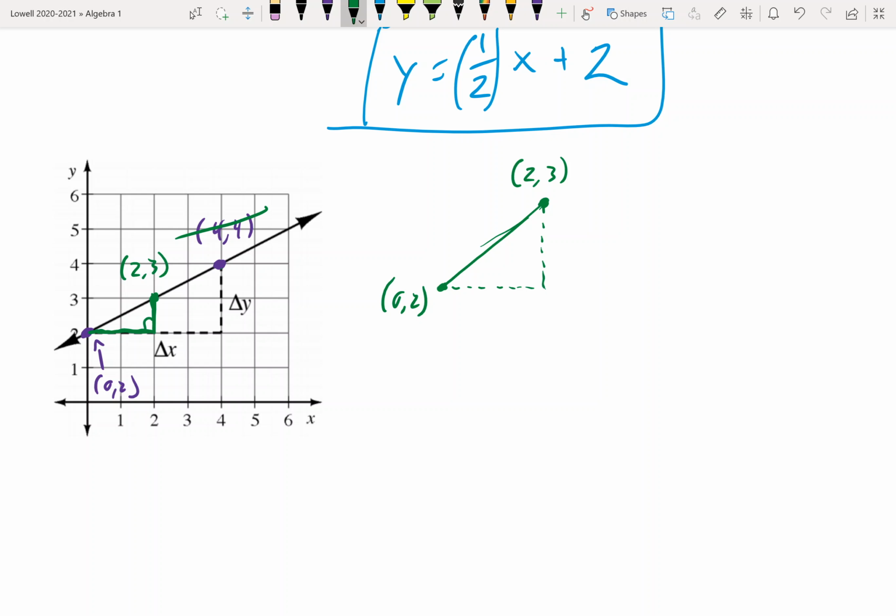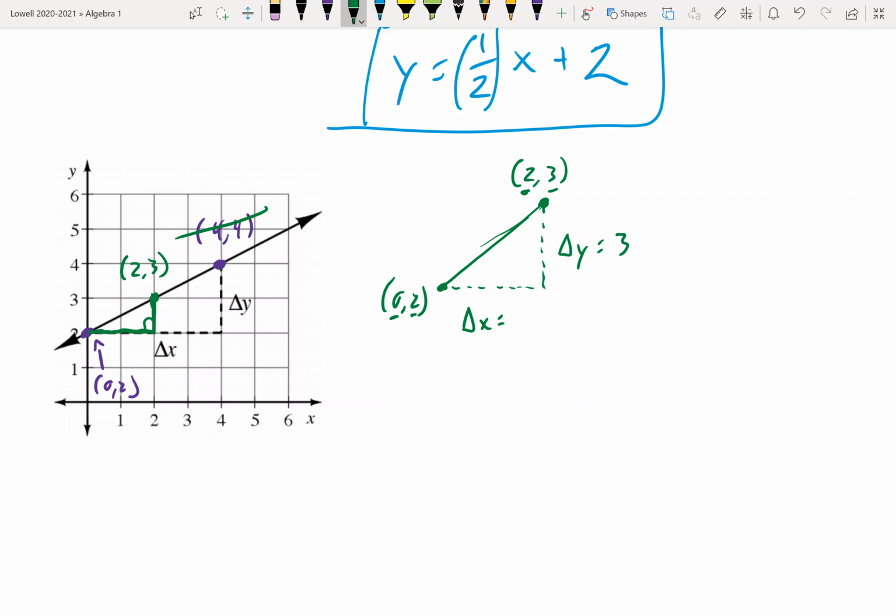So now we can see, hey, my delta x, again, how far from left to right did I go? It is 2, because I went from x equals 0 to x equals 2. My delta y, well, let's see, I went from y equals 2 up to y equals 3, so I went up 1. Another way to do this would be to just subtract them.